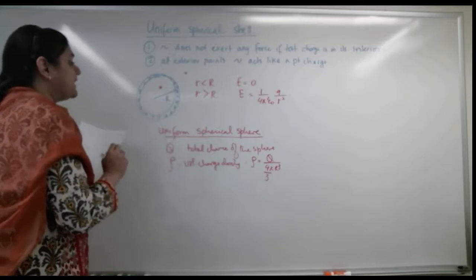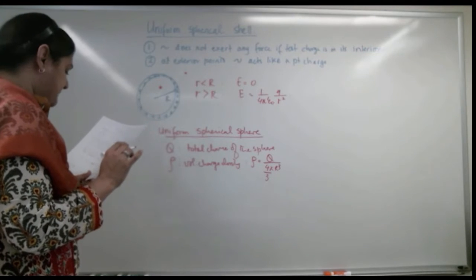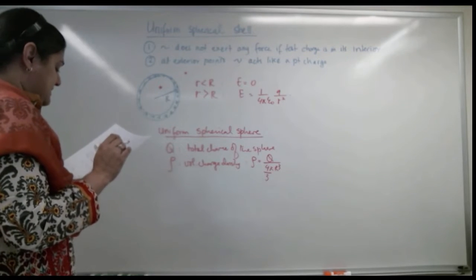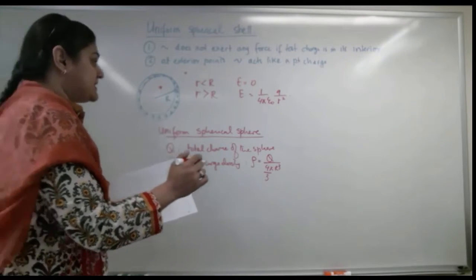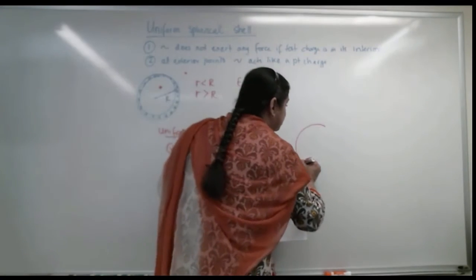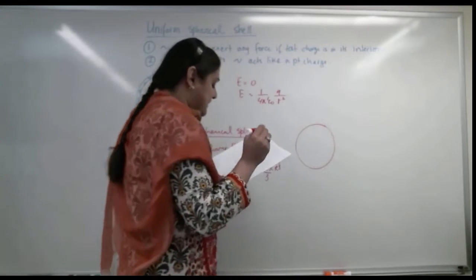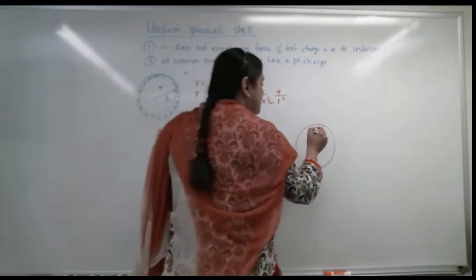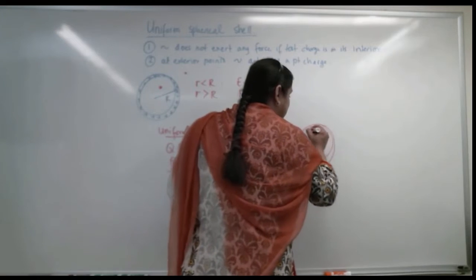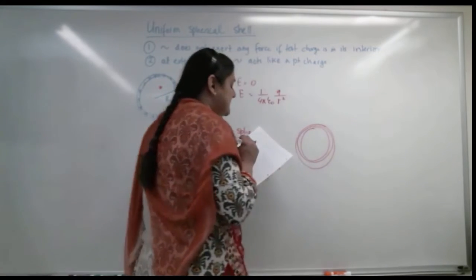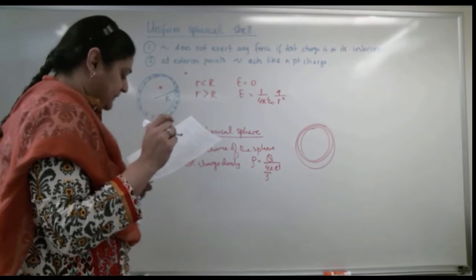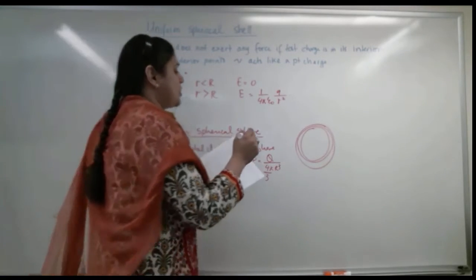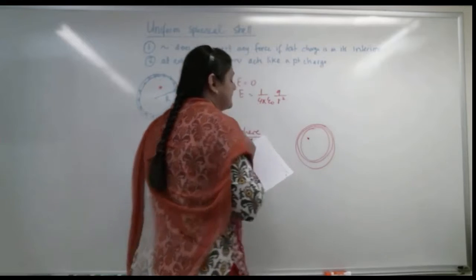So now we're talking about a sphere, right? How do we deal with this? Well, instead of dealing with each point on this sphere, if I take a whole sphere, I can divide this sphere into many tiny shells, each of radius little r, and then place a test charge inside the sphere.